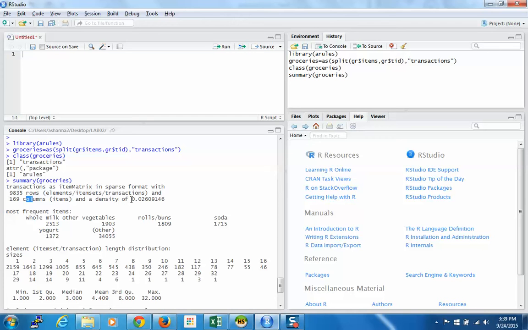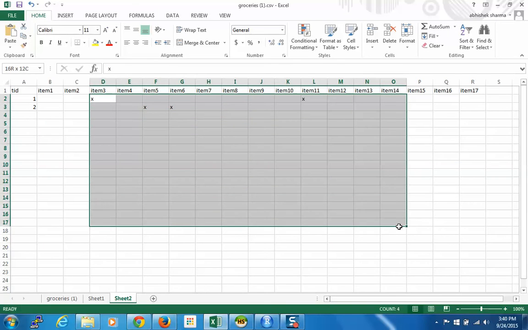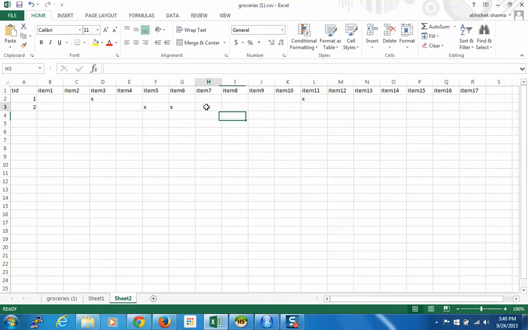Also, it gives us some information about the density of the data. The density is 0.026. It is how much of this data is populated. Is it like this, or like something like this? In this case, the density would be higher. If everything is populated, the density would be 100% because everything is populated.